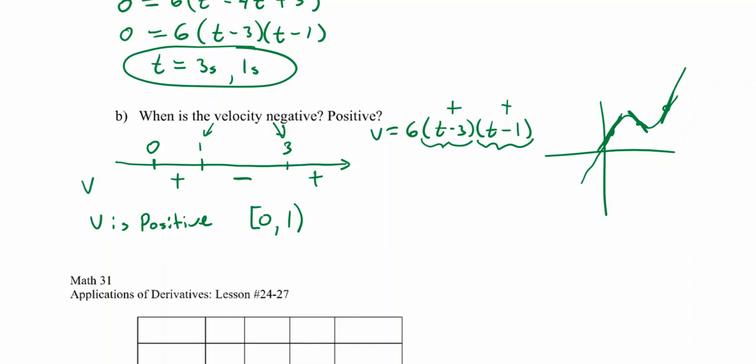So 0 to 1, unioned with 3 to infinity, again not including 3. And then v is negative in between 1 and 3.